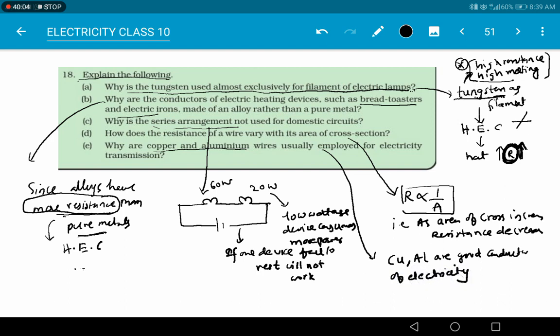Because of this reason only, they have less resistance. So if the current is transmitted over long distances and the wires have maximum resistance, what will happen? The heat developed across the wires will increase. Simply, the energy will be wasted.